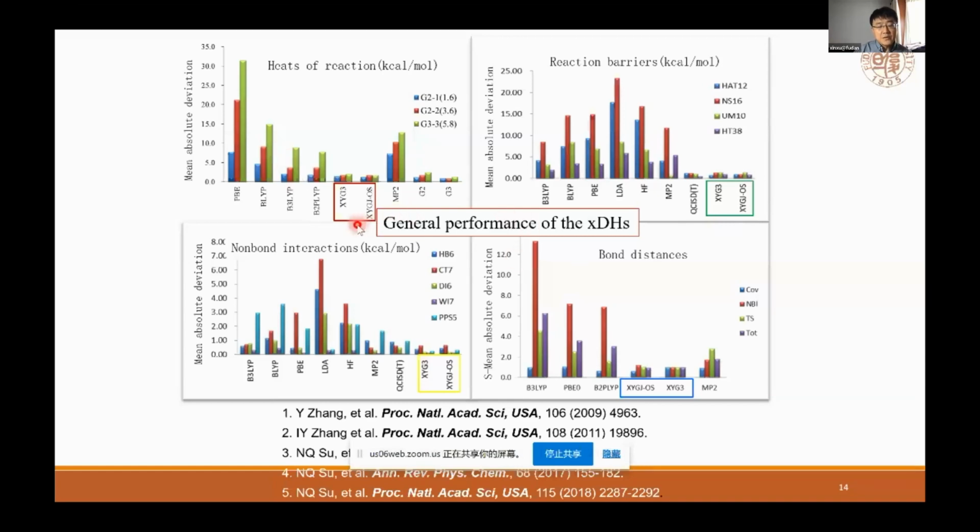This is an XDH functional, which performs satisfactorily, approaching chemical accuracy as delivered by the GN theory, which is coupled-cluster based and way more expensive. Here it shows the functional performance for reaction barrier heights. We have examined heavy atom transfer, nucleophilic substitution, unimolecular, and hydrogen transfer.